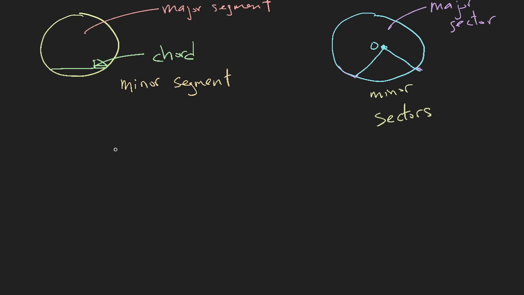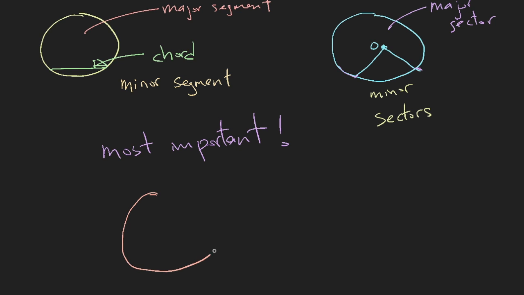So the most important, I'm going to write it down. So the most important part of this topic is to realize that for any circle, the arc length will be proportional to the angle inside. The angle here will be proportional to the arc length here.